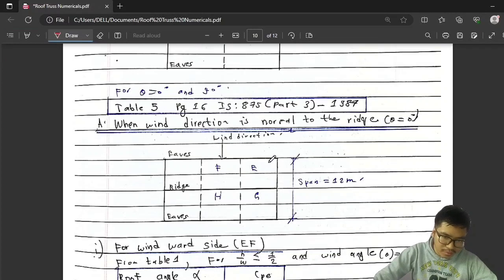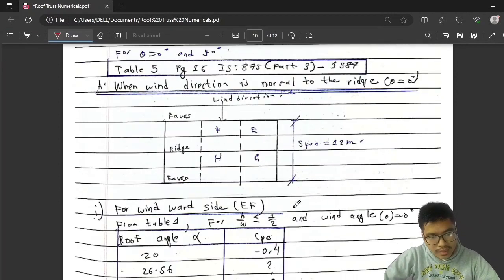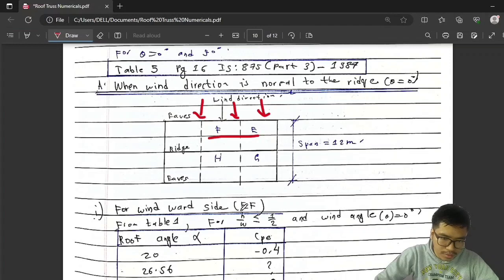Span of truss is 12 meter, and for windward side, when theta is 0, that is perpendicular to ridge, wind flows from here to here, so windward side is this EF.